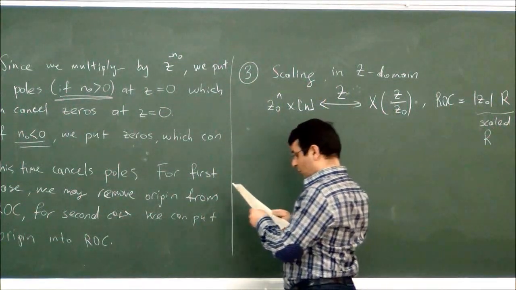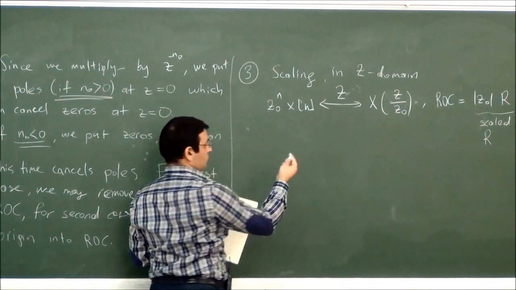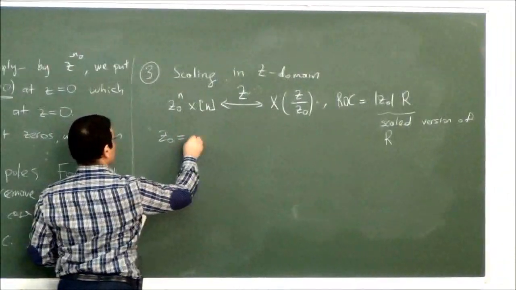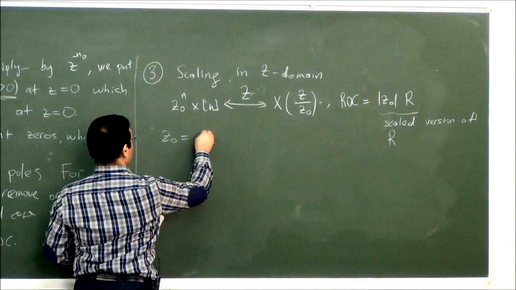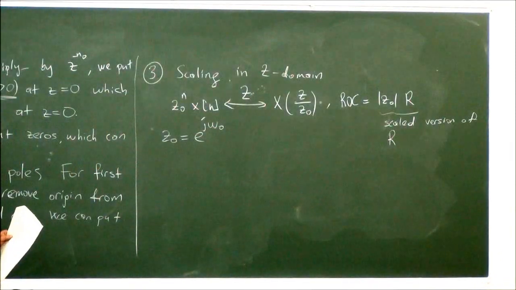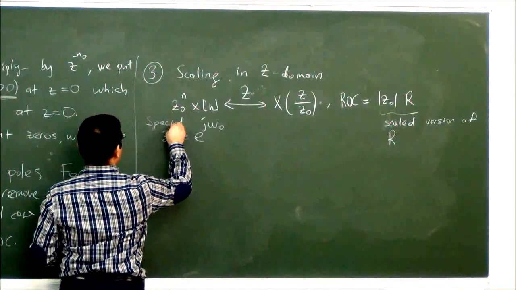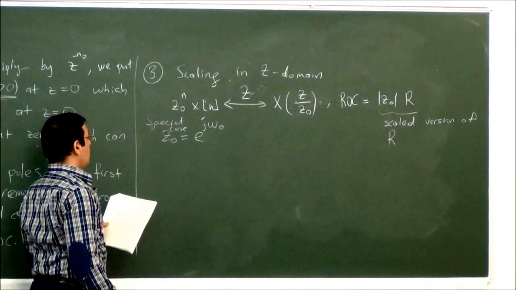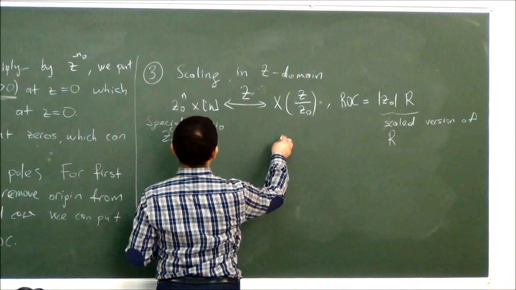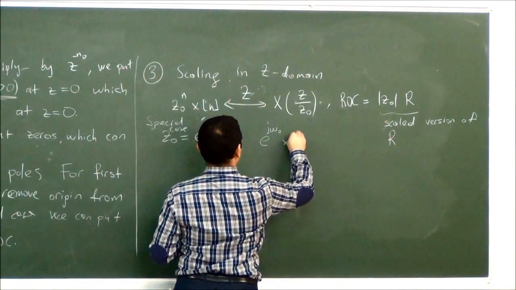So by doing this operation, let's say that this is a special case. Let's assume that z0 is e to the j omega 0. Okay? This is a special case. And in this case, you're multiplying x[n] by e^(j omega 0 n).